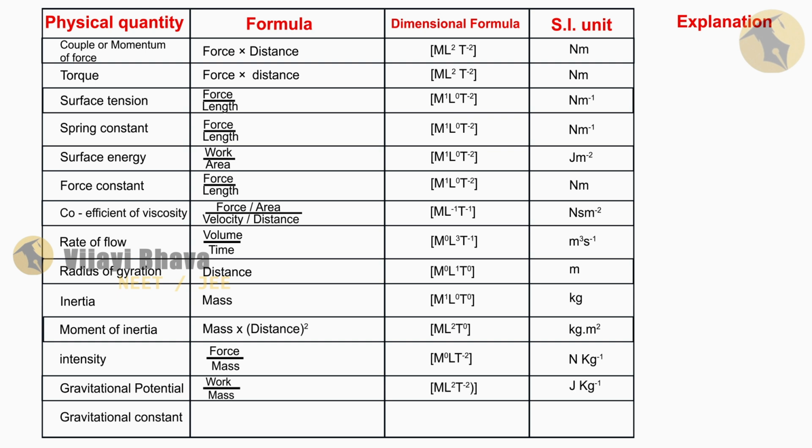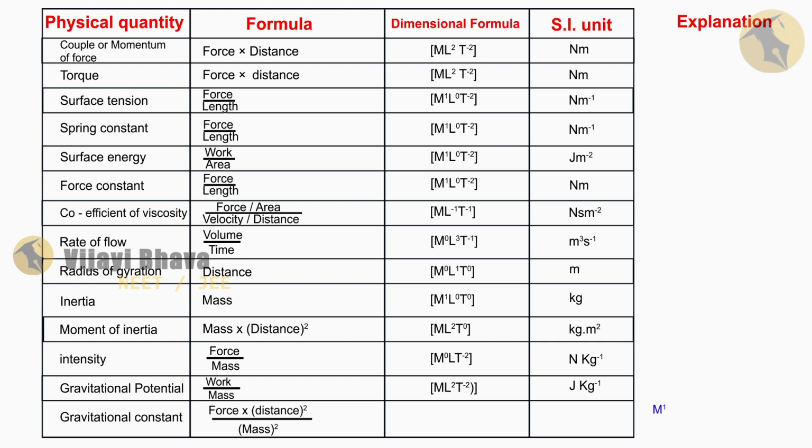The formula for gravitational constant comes from Newton's universal gravitational law, which is F is equal to G capital M small m by R square. From this, capital G is equal to F R square by capital M small m. Simply it can be written as force into distance square by mass square.